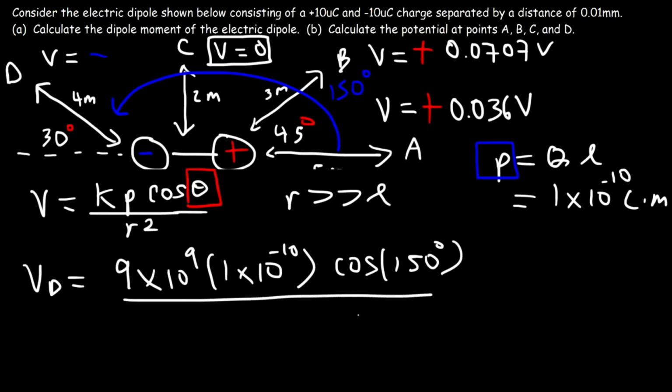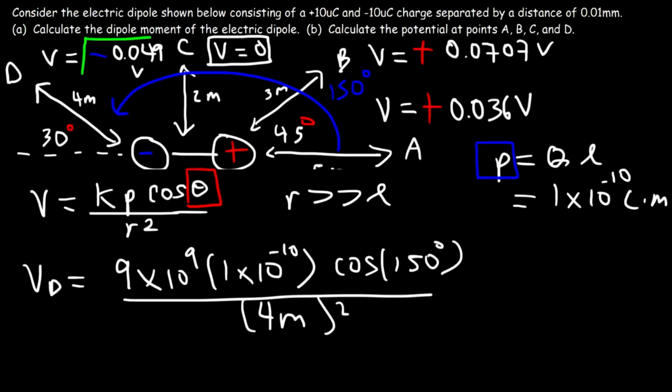Now the distance between the center and point D is approximately 4 meters. So let's go ahead and plug this in. So this is equal to negative 0.049 volts.